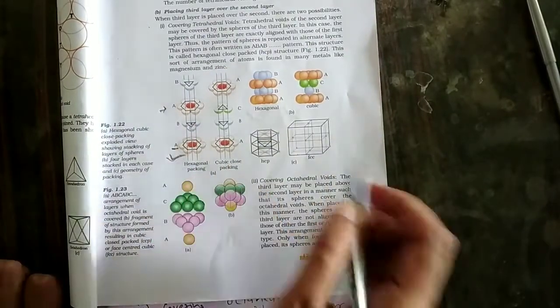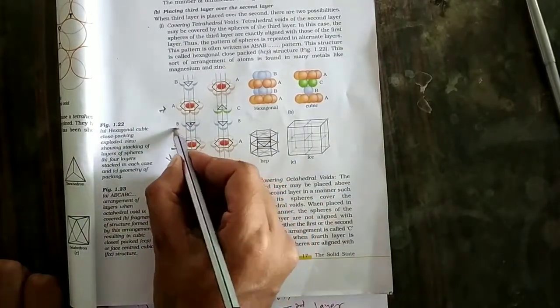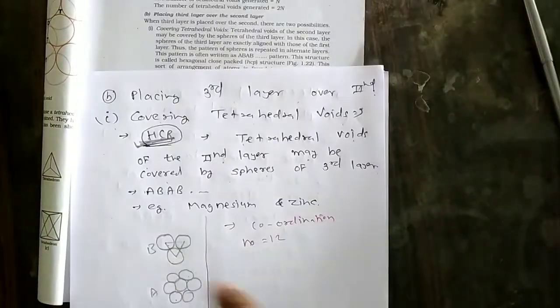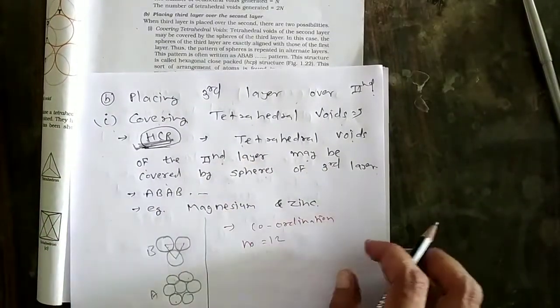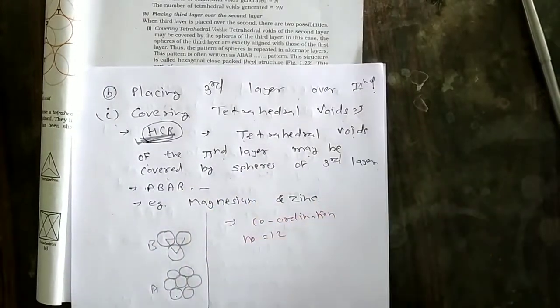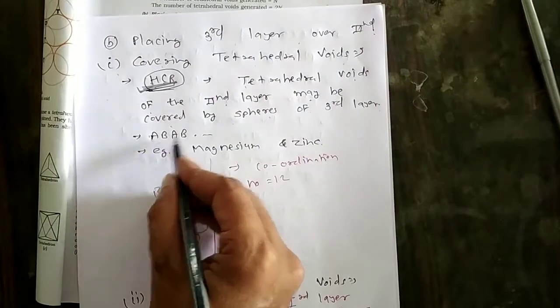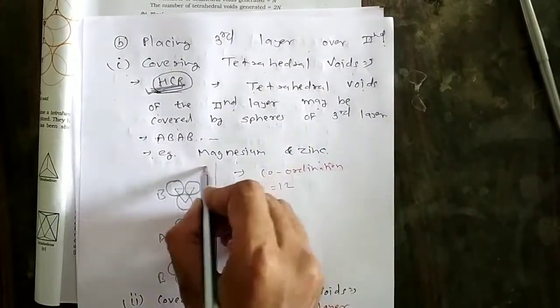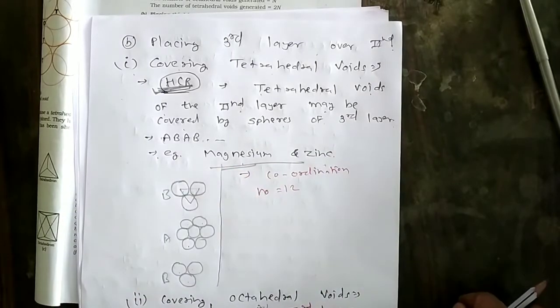Suppose the first layer is type A, then type B, then type A, then type B. The main point here is that the third layer will come in such a way that it will cover the tetrahedral void, and the type is AB, AB and so on. In magnesium and zinc, this type of arrangement can be seen.